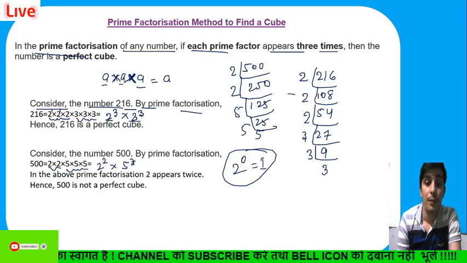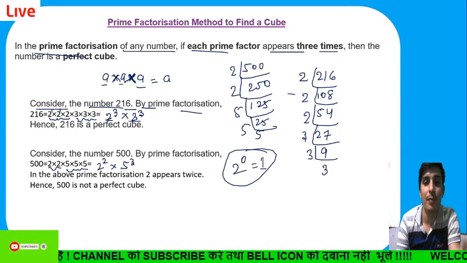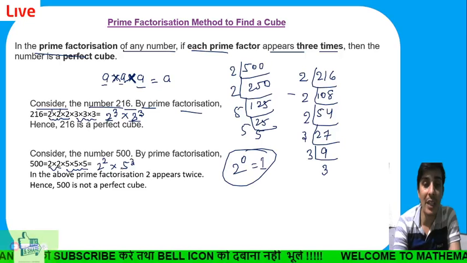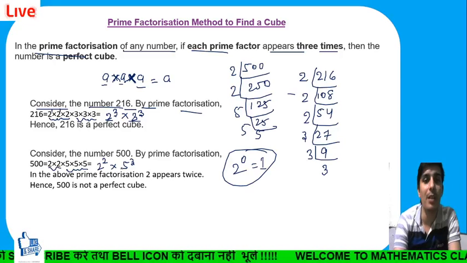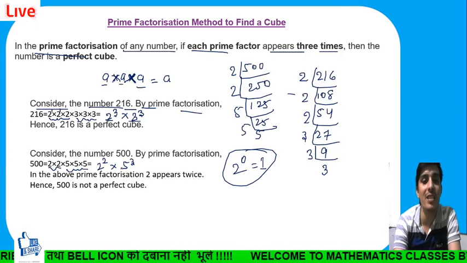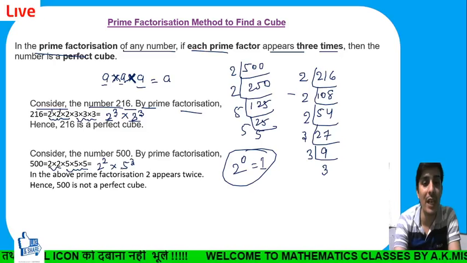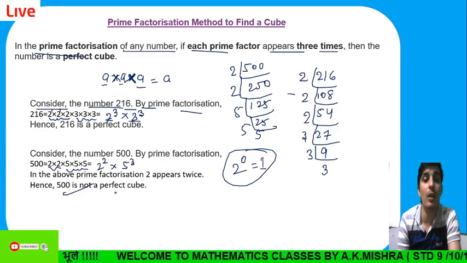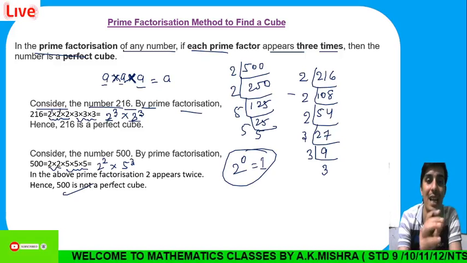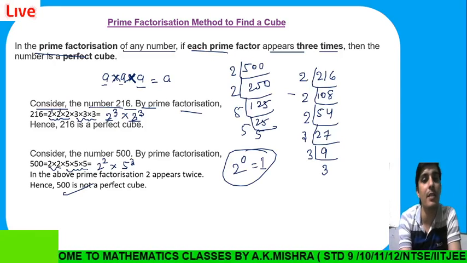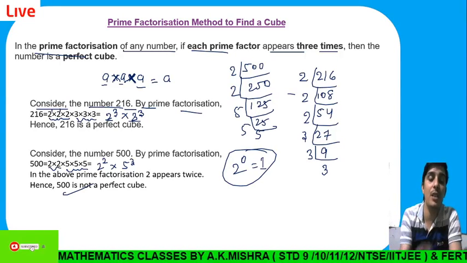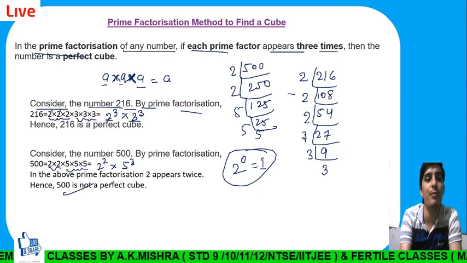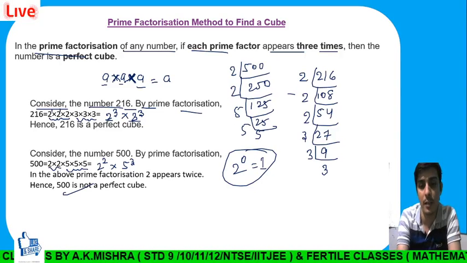But here factor 5 appears 3 times, while factor 2 does not appear 3 times. So we can say that 500 is not a perfect cube. Why? Because, as we know, in the prime factorization of any number, if its prime factor appears 3 times, then the number is a perfect cube, guys, right?